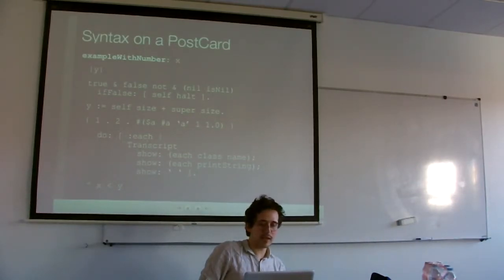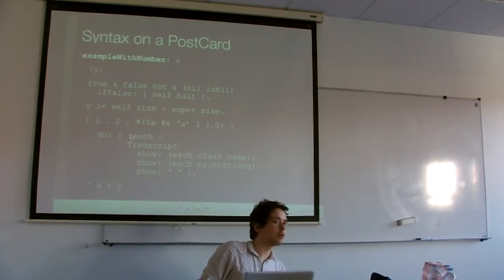So blocks again, that's the way we do iteration in Smalltalk. Here is an array that contains three elements, the first being another array. You send the message do, and you give a block, and a block can have arguments. Here it's an argument that begins with a colon, and then you have a pipe, and then you put Smalltalk code.